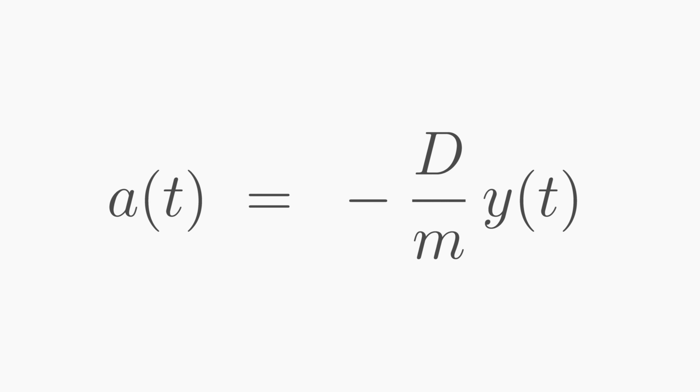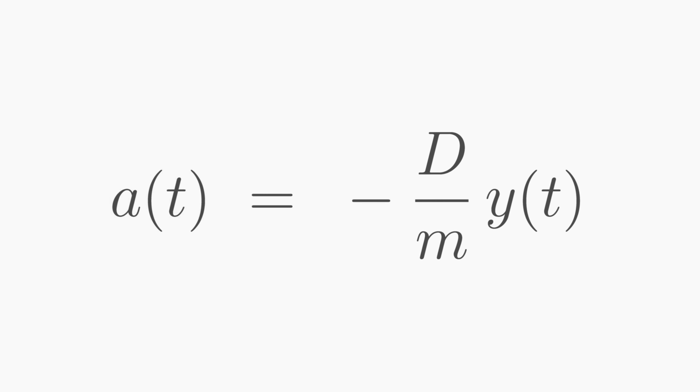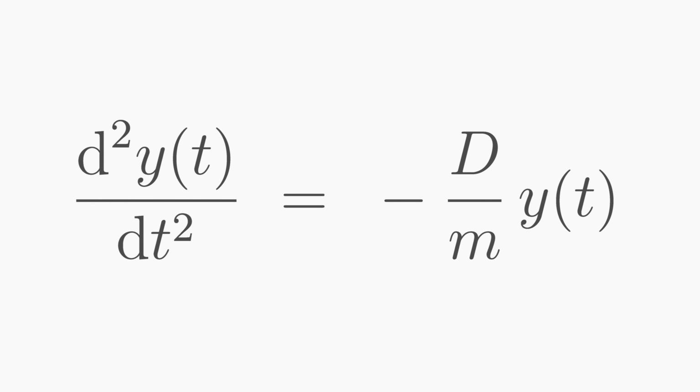We can easily show that the acceleration a is the second time derivative of the distance traveled, so in our case it is the second derivative of y with respect to time t. Now we have set up a differential equation for the displacement y.